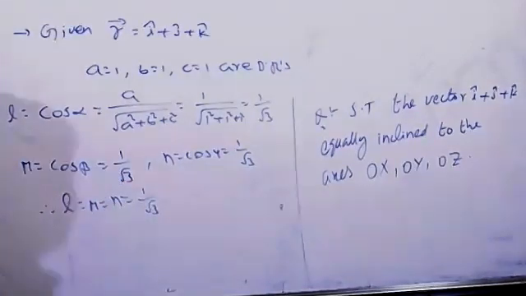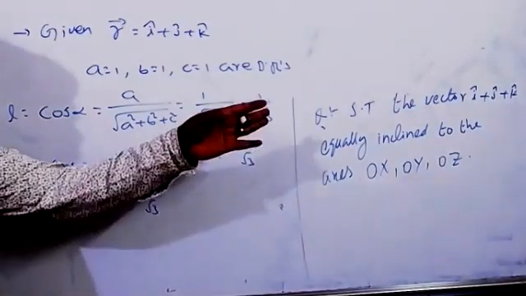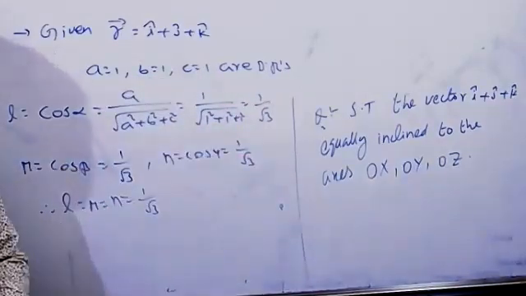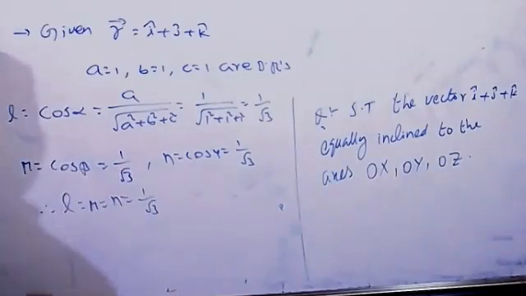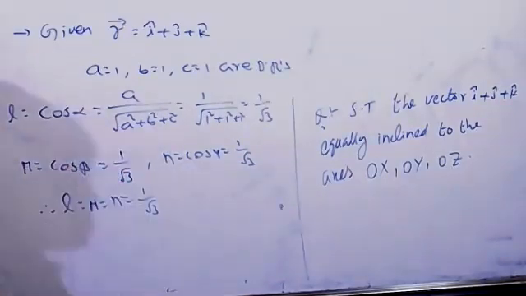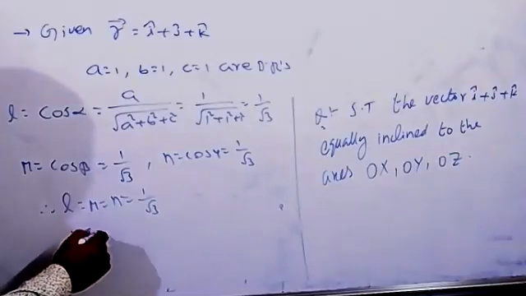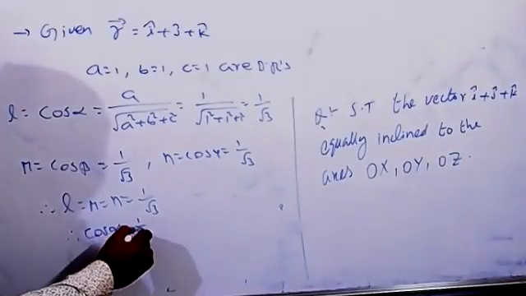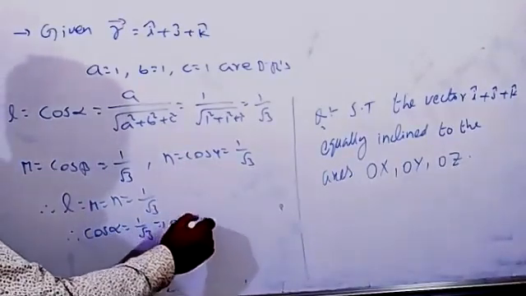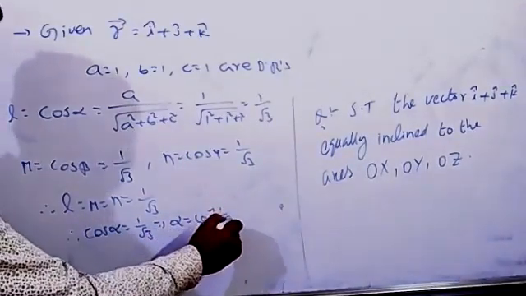Then we need to show that the vector is equally inclined to the axes Ox, Oy, and Oz. Ox means cos alpha, Oy means cos beta, and Oz means cos gamma. So cos alpha is equal to 1 by root 3, which implies alpha equal to cos inverse of 1 by root 3.